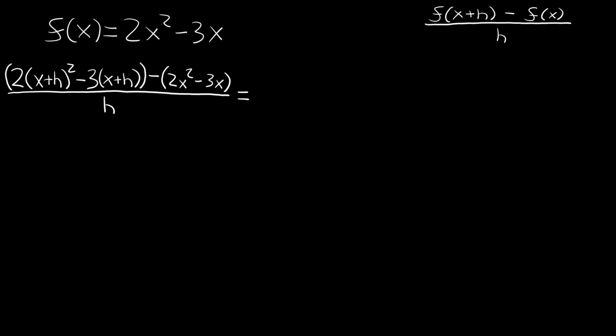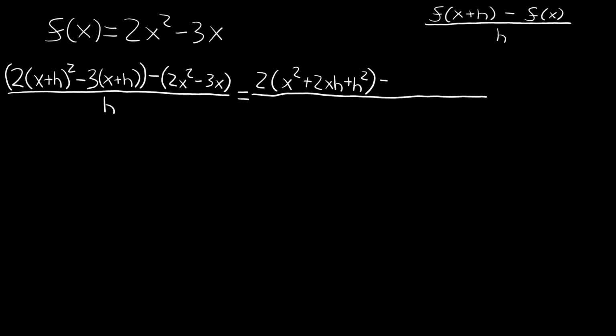Now we just simplify, and so we'll simplify the first part first. So x plus h squared equals x squared plus 2xh plus h squared, and with the 2 in front. Then we can distribute this negative 3.